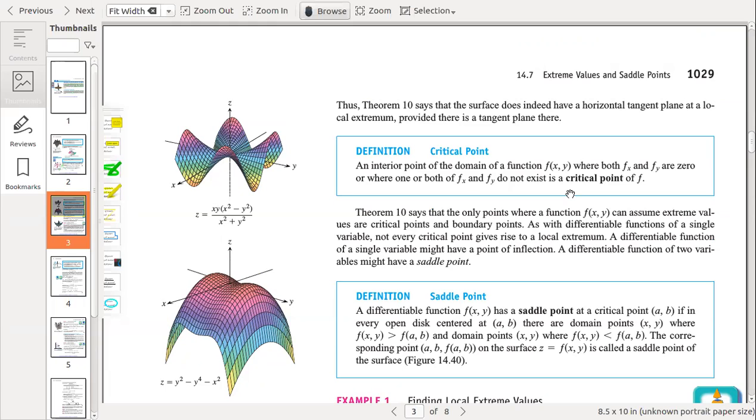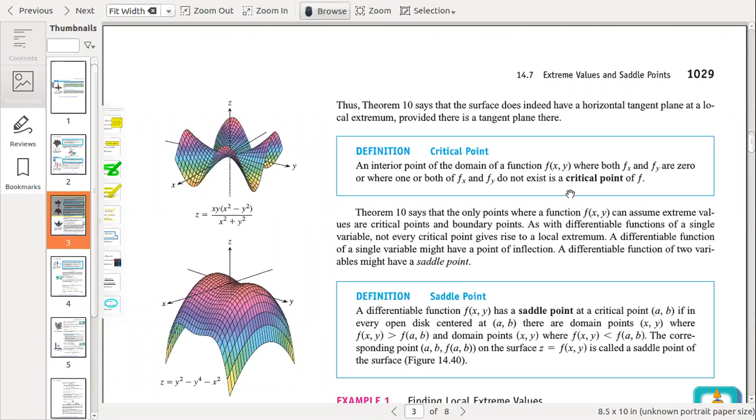So what is the critical point? An interior point of the domain of a function where both partial f over partial x and partial f over partial y are 0, or where one or both of them don't exist, is a critical point.